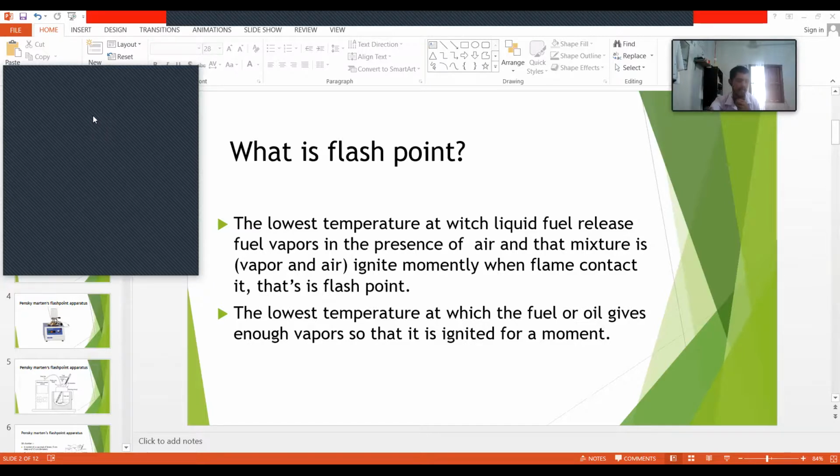Fire point, because it's firing, right? Not flash. Flash means when it is brought in contact with the flame, it just fires for below 1 second. It is like a pop, like flashing, like a blink. If it is continuously firing, that means it has reached the fire point. The flash point is very low compared to the fire point. If we want to get the flash point, we have to reduce the temperature from that level. Okay, thank you.